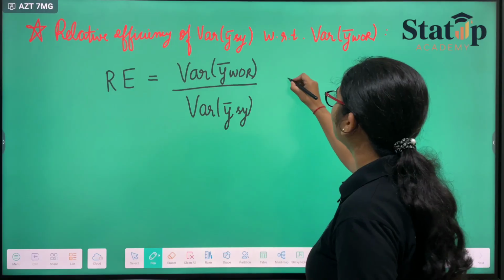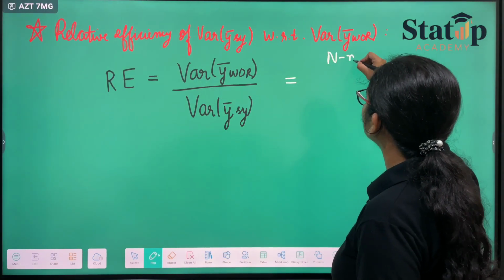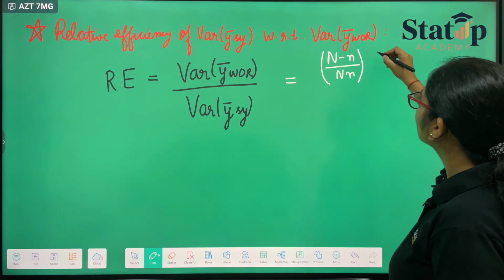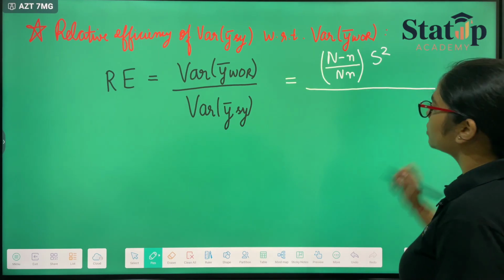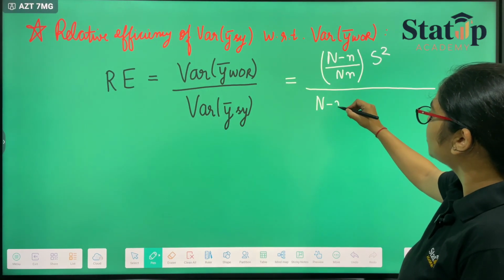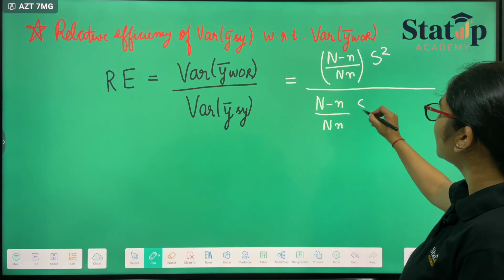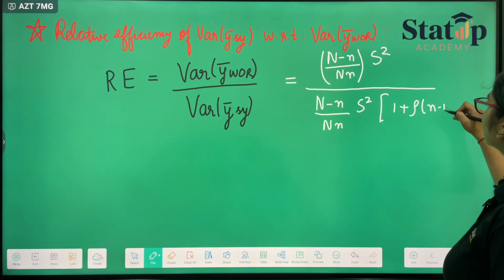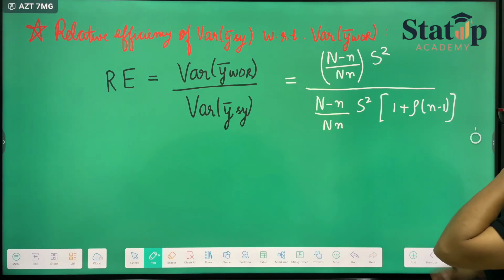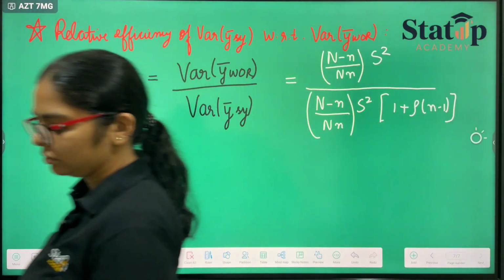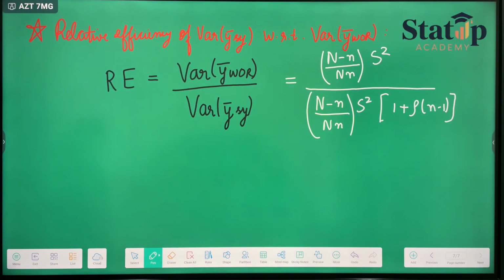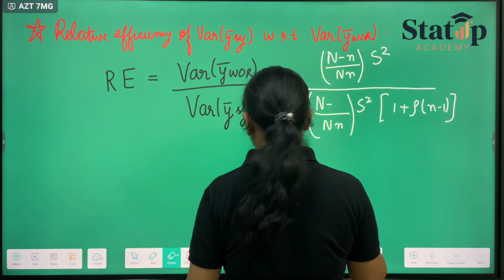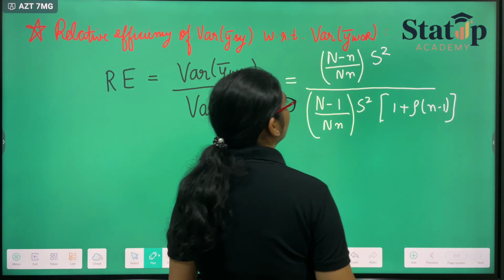So variance of Y bar without replacement is nothing but capital N minus small n upon N into S square, and variance of Y bar systematic is nothing but capital N minus small n upon N S square into 1 plus rho n minus 1.